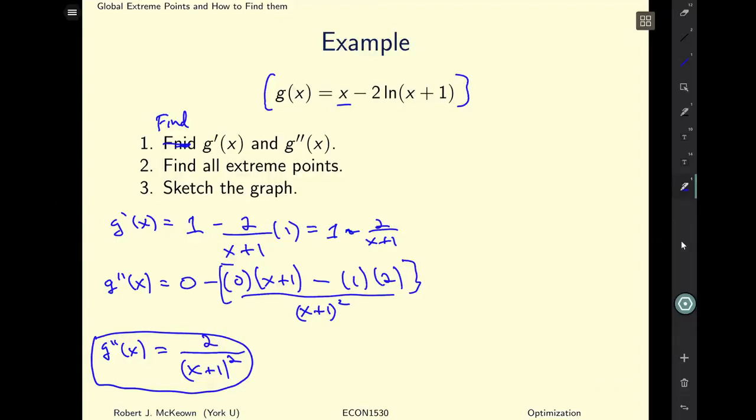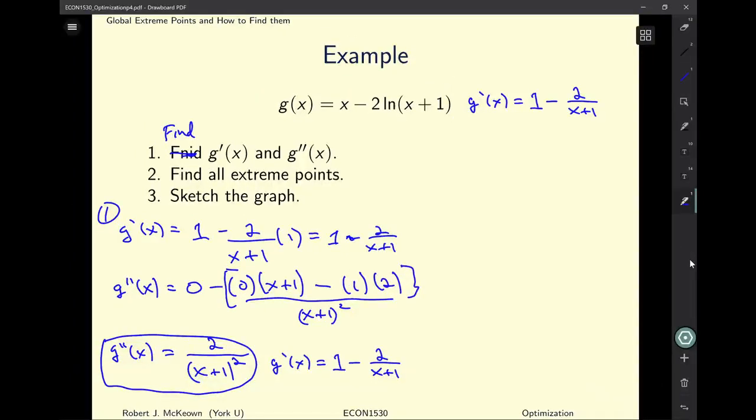So we want to find all extreme points. So that's question 1. We did that and we're good. I haven't simplified g of x, I'm just going to keep it the way that it is. Looking at question 2, we're trying to find all extreme points. And how do we find an interior extreme point? Well, we want to set g prime of x equal to 0.